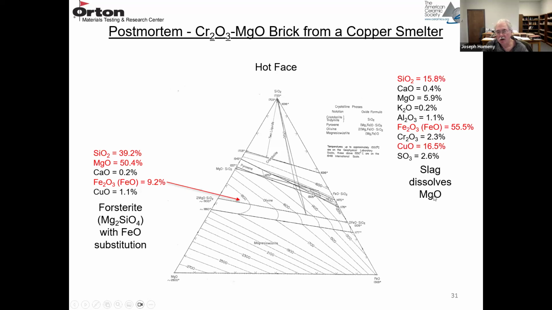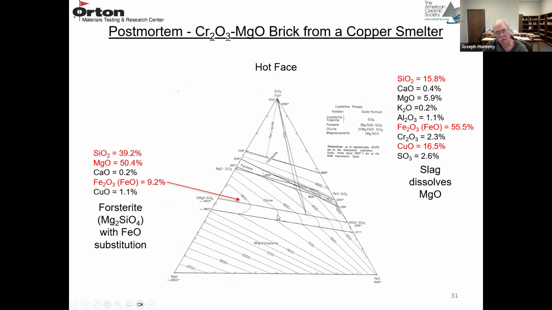So the slag is dissolving the MgO before it attacks the chrome. And now you're rich in silica, iron oxide, and copper oxide. So iron oxide and silica is over here on this side of the phase diagram. So as you move from forsterite to fayalite, you can look at the temperature profiles.